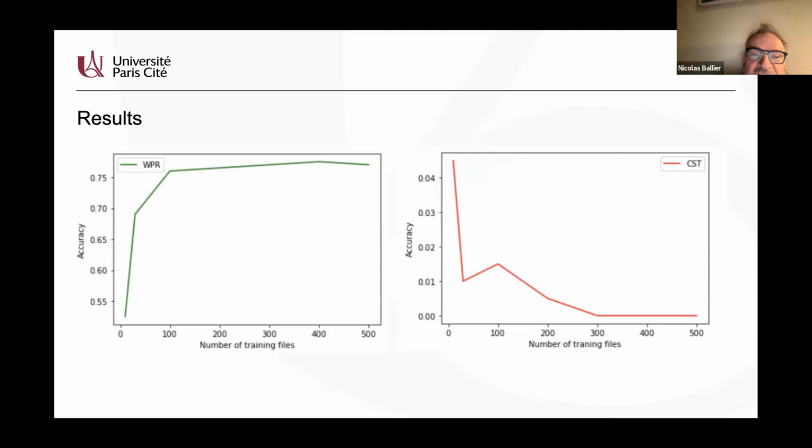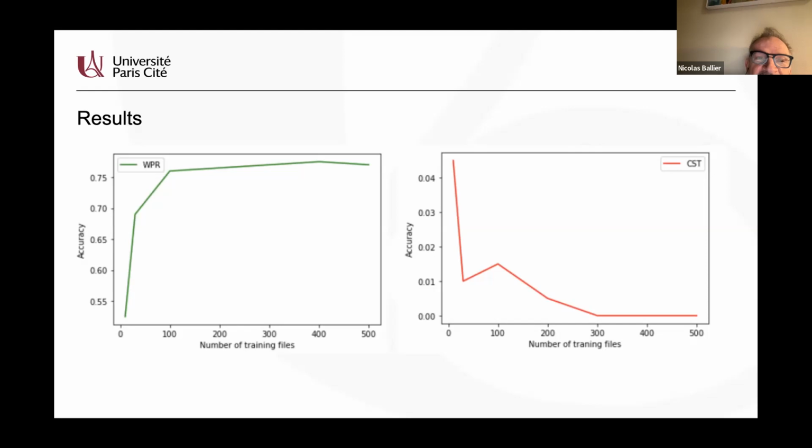The results show how we have gradually used an increasing number of files, and that's the horizontal axis, for the different files corresponding to the re-annotated elements, and the more annotated files we use, the better we would expect the accuracy to rise.